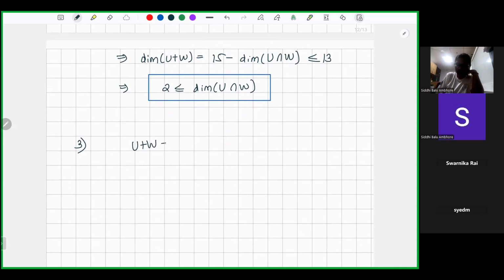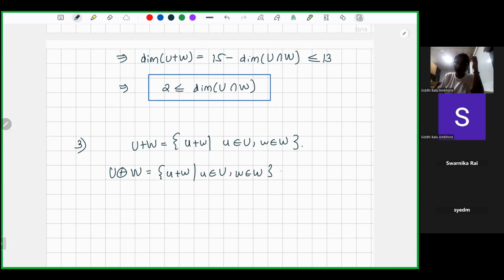See, U plus W is just u plus w, where u is in U and w is in W. And when I say that U plus W is a direct sum, it means the same thing, u plus w with u in U and w in W, and U intersection W is just the zero set.